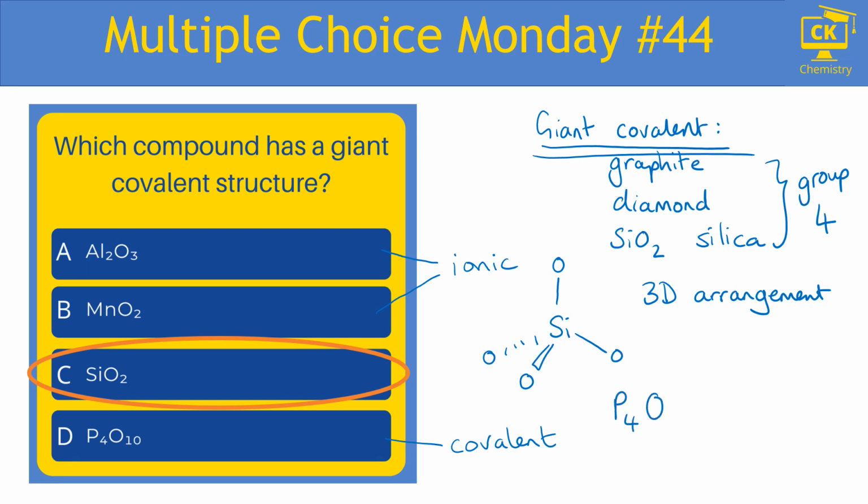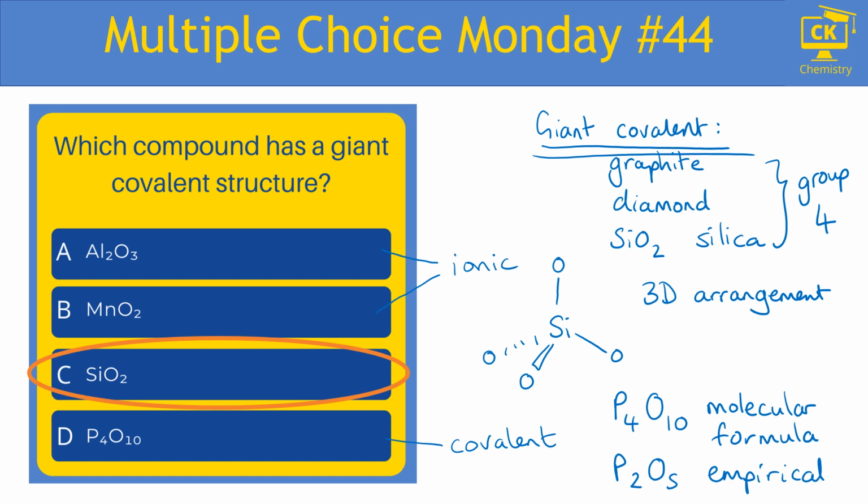that's not the simplest possible formula. That is a molecular formula. It's not an empirical formula. So if I simplified it to the empirical, it would be P2O5. But if it was a giant compound, we would simplify it to its empirical formula.